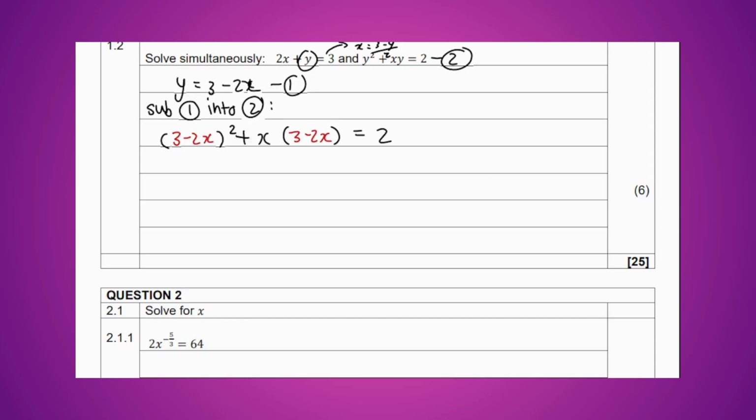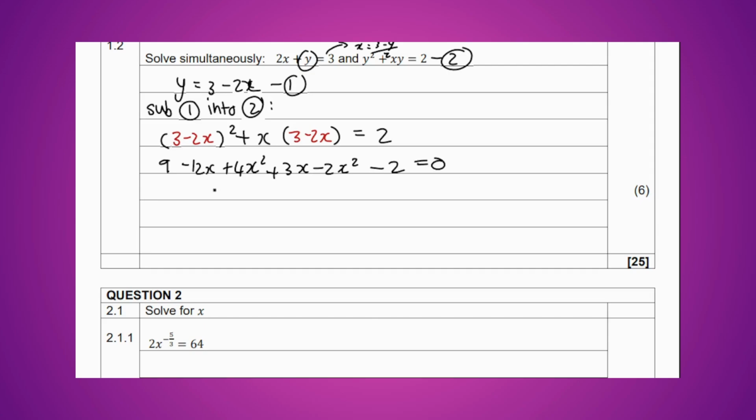And then you have to multiply out. This is what I meant by do you want to square, do you want to work with fractions? Multiply out, so you have 9. Your middle term will be negative 12x, and you have plus 4x squared. Multiply x, plus 3x minus 2x squared. So I'm going to bring the 2 over by minusing 2.